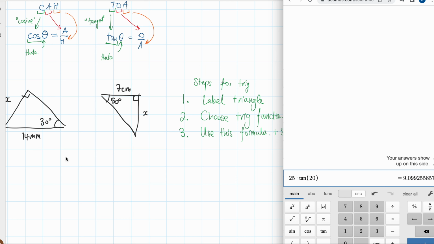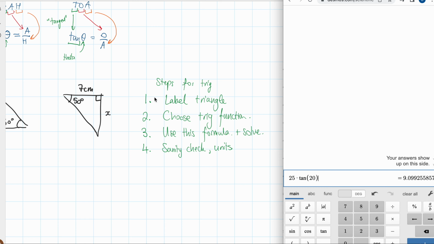Step 4 is we want to do a sanity check and check units. Okay. Now with this in mind, we'll go through each one of these steps and make sure we've done each one as we move along, okay? But this is sort of the process of how to do trig.